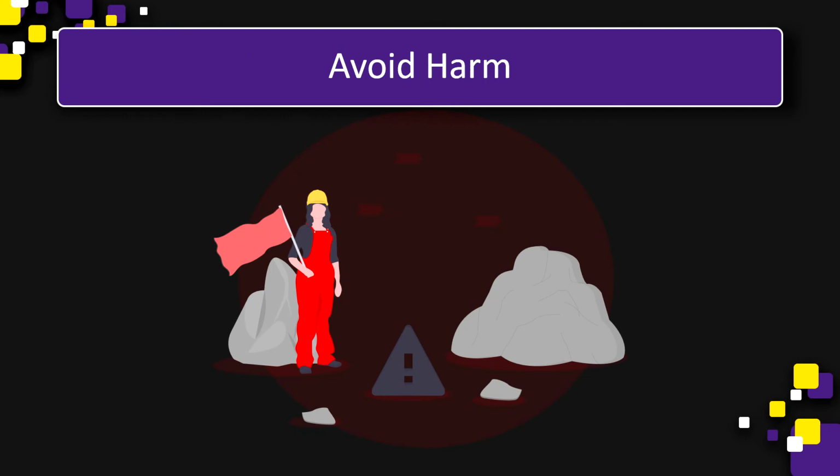Next, we should avoid harm. This goes very much with the previous principle that I mentioned, which is contributing to society and to help other human beings. But we also want to avoid harm. We want to avoid hurting people as much as we want to try to help others.